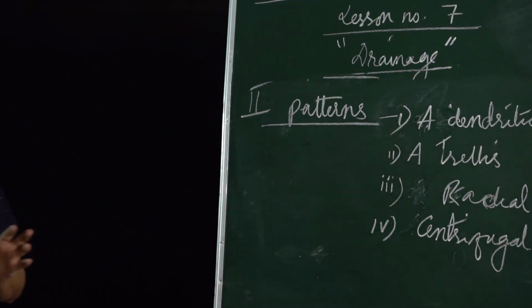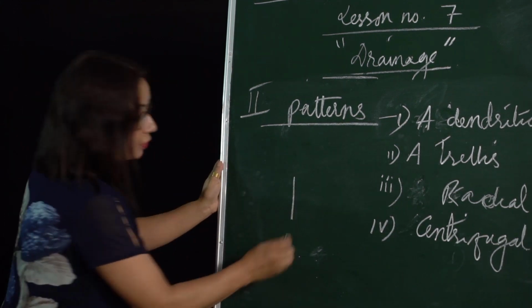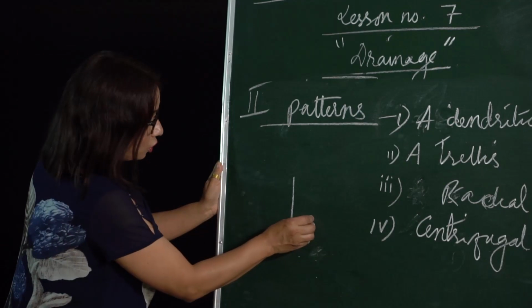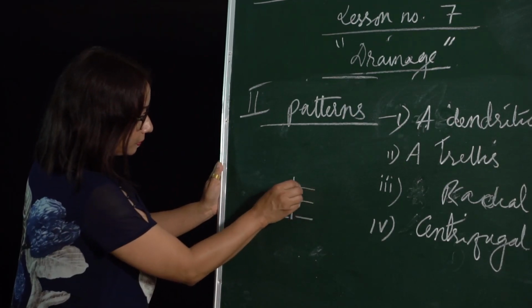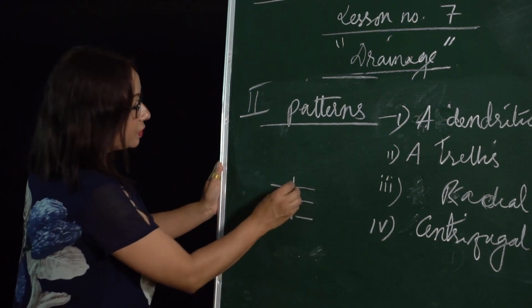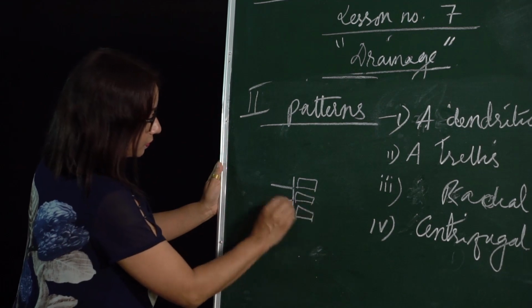The second one is the trellis pattern. In a trellis pattern, there is one main river and short rivers give their water at right angle, and as a result this kind of pattern is formed.